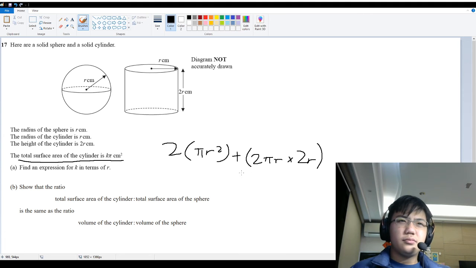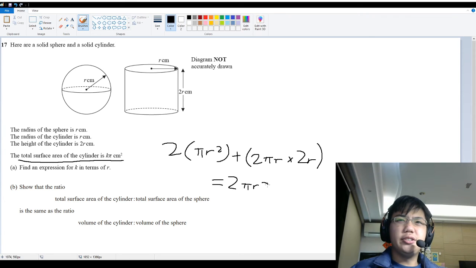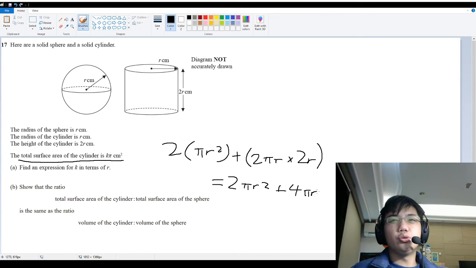So now we have to simplify this so that we can answer the question at hand. So 2 pi r squared plus 2 pi r times 2r equals 2 pi r squared plus 4 pi r squared, which equals 6 pi r squared.